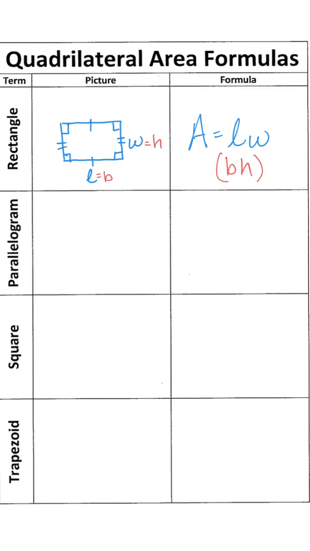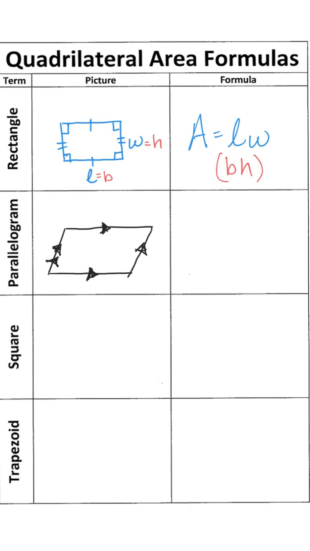On a parallelogram, if we were to draw our parallelogram, it's kind of like a rectangle that looks like someone's come and pushed sideways a little bit. So here's my parallelogram, and usually they have little arrows telling you this line and this line are parallel to each other, and then this line and this line.